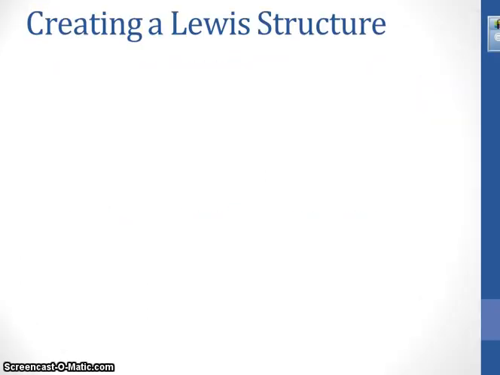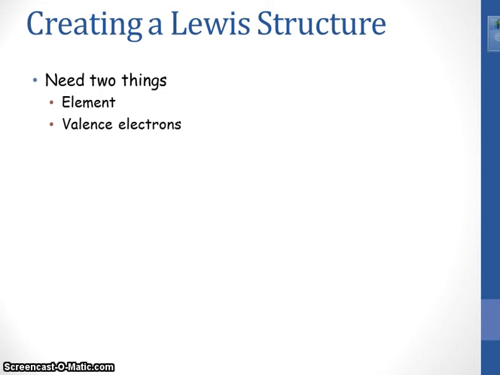Creating Lewis structures. First, I'm just going to do an example, and then I'm going to go over how to do it. You need 2 things: an element, and you need to write the valence electrons. The first element that we're going to use is fluorine.